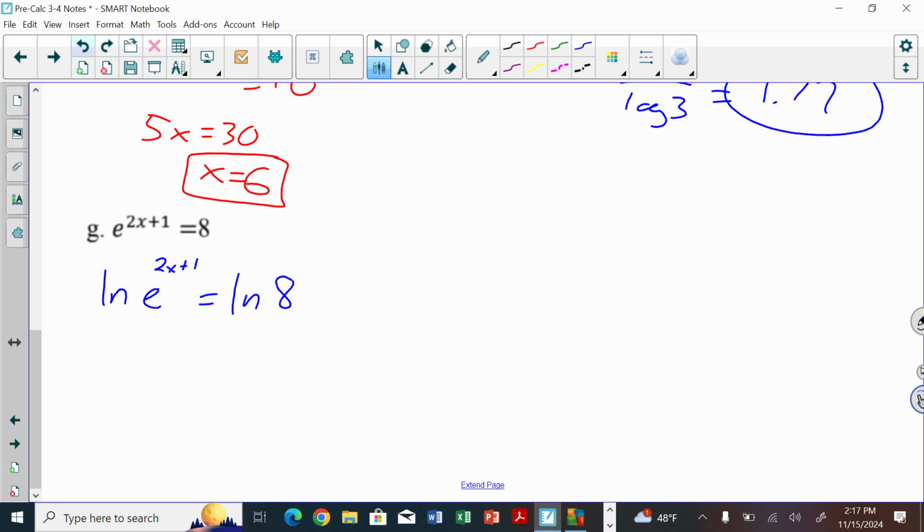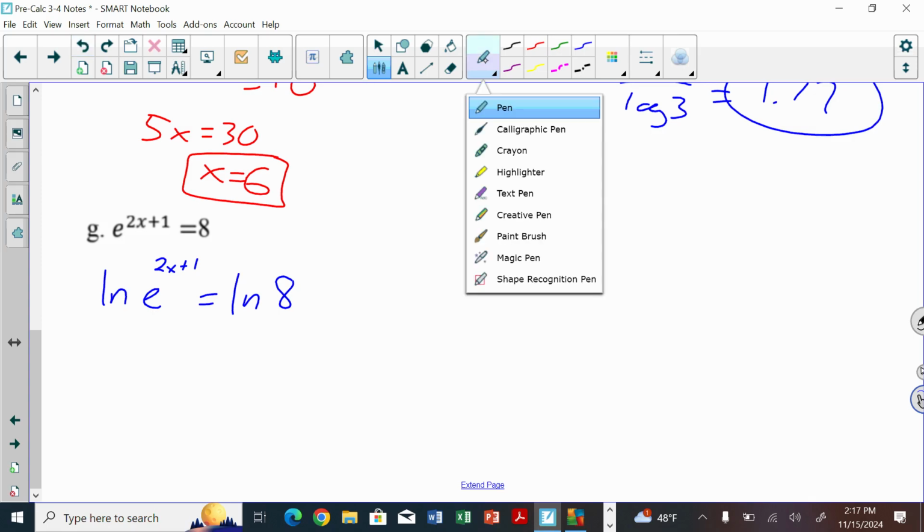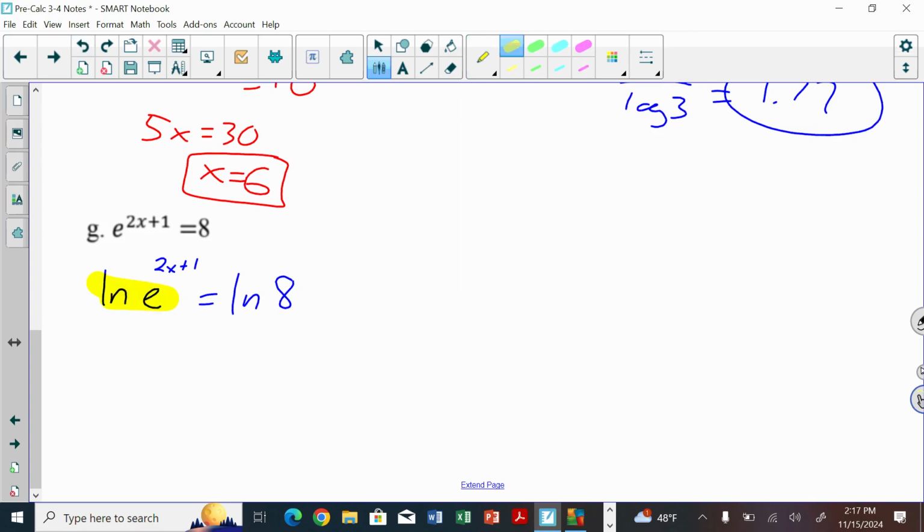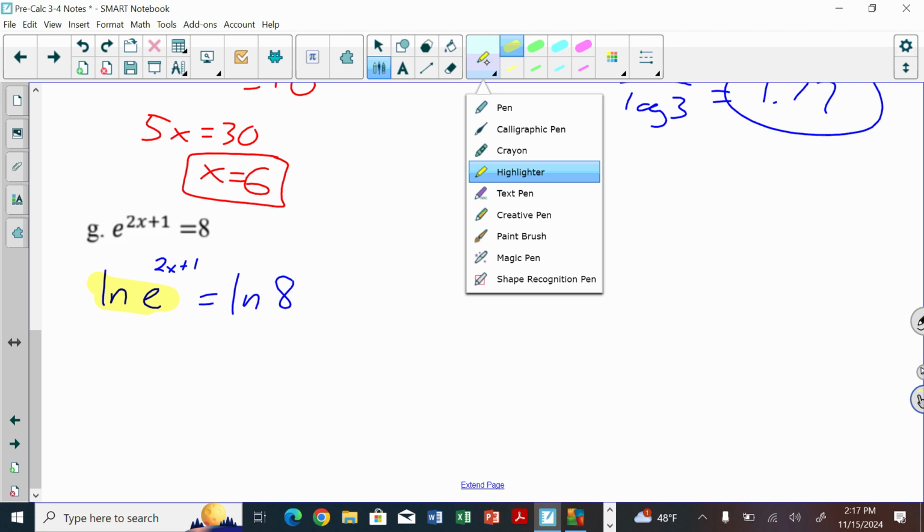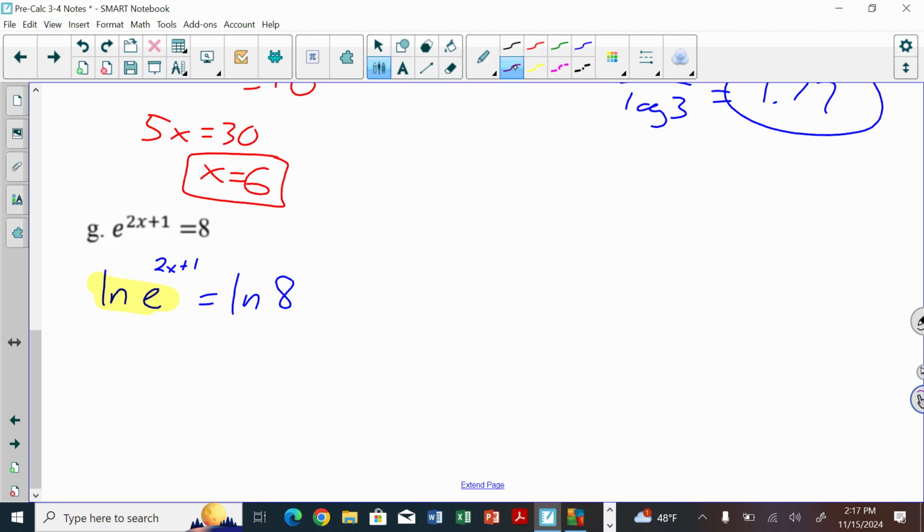Now if I have the natural log of e and an exponent, remember my answer is just the exponent. It's an inverse function. So this is going to be what's left here, 2x plus 1. Can't do that on the right side, though, so it equals the natural log of 8.